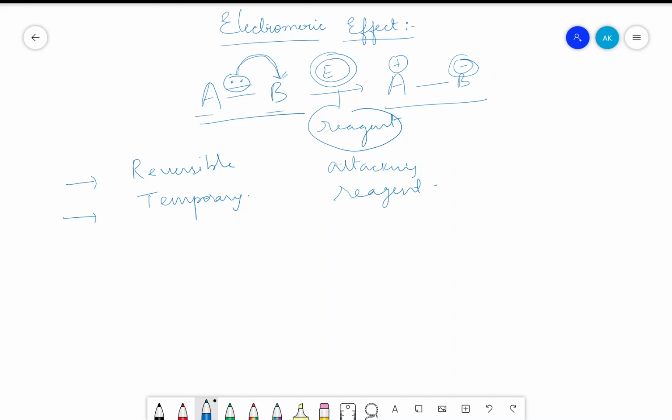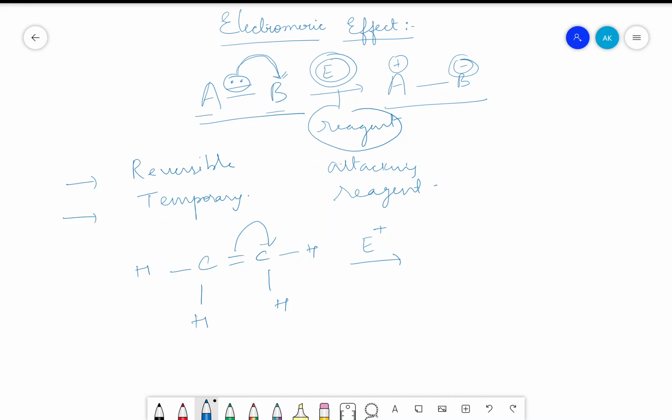We can write, instead of A and B, two carbons here, which are bonded to two hydrogens. This is ethylene. This ethylene, in the presence of a reagent, I can take here an electrophile, which is represented as E with a positive sign, and the pi electrons are displaced here.